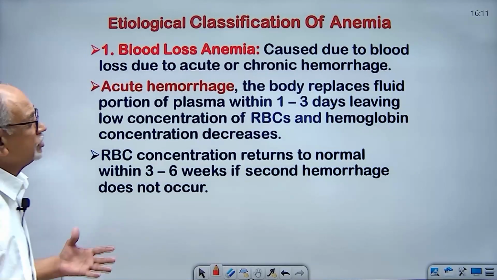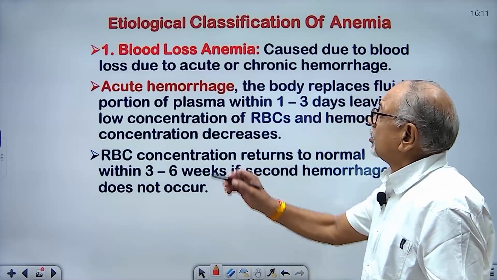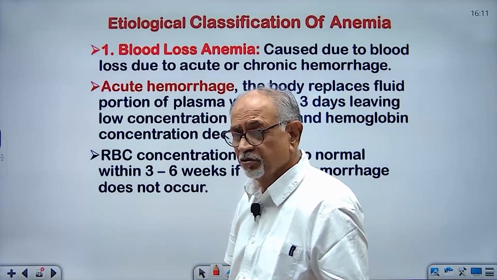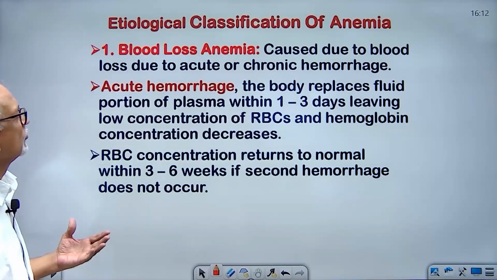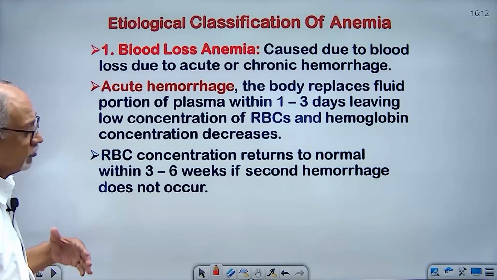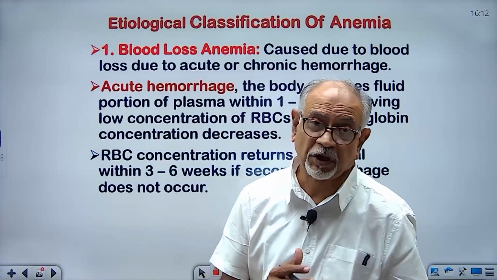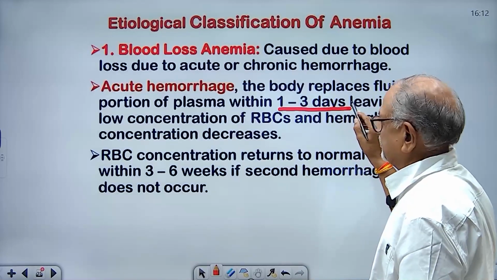Then etiological classification of anemia. Number one is blood loss anemia. Anemia caused due to hemorrhage or blood loss. The body replaces the fluid portion of blood, that is plasma, within 1 to 3 days.